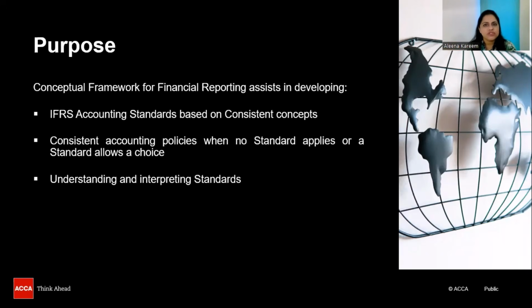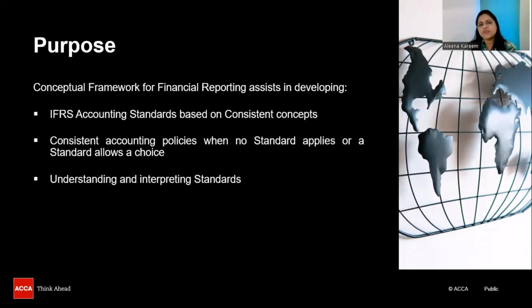In that case, also we have to identify, like very recently, the examiner has repeatedly discussed cryptocurrency. So we saw that there is no specific standard available on cryptocurrency. By identifying the features of cryptocurrency, we identify what is the most relevant standard and what is the most relevant accounting treatment that can be applied. The same is the case for any other item that comes.